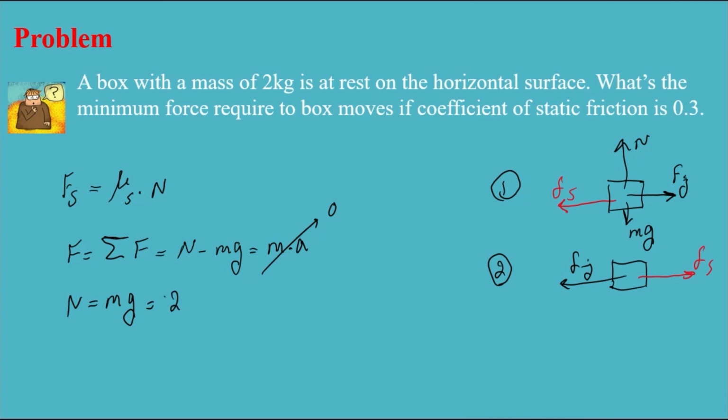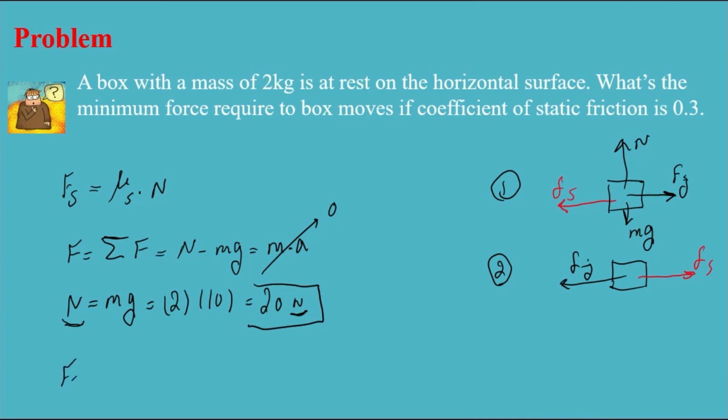My mass is 2 kilograms. For g, I'm going to assume this is 10. Usually it's 9.8, but for simplicity, I'm going to assume it as 10. So it's going to be 20 newtons, right? This is the unit, and that's the symbol. Be careful about these two. So now I have N and mu s.